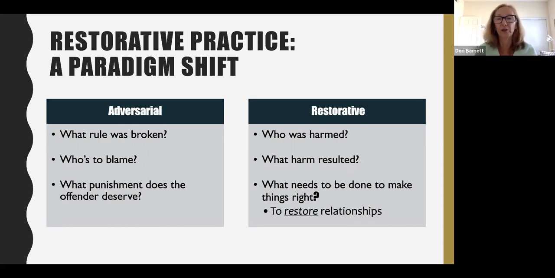And here's your punishment. But in a restorative approach, we shift the paradigm. Instead of what rule was broken, we ask who was harmed by the behavior, what harm resulted, and most importantly, what can be done to make things right.